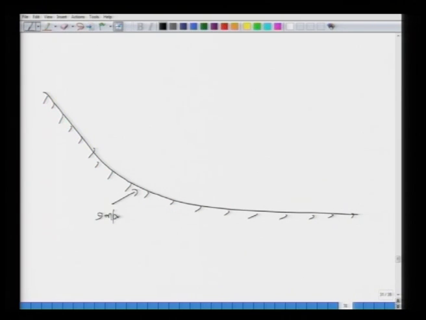So, let us say this is your bottom confining layer. This is your impermeable strata. And then you have this is your ground. This is your ground level.